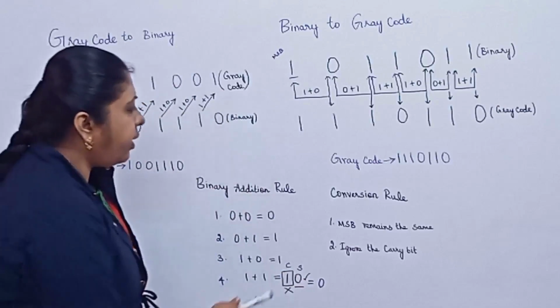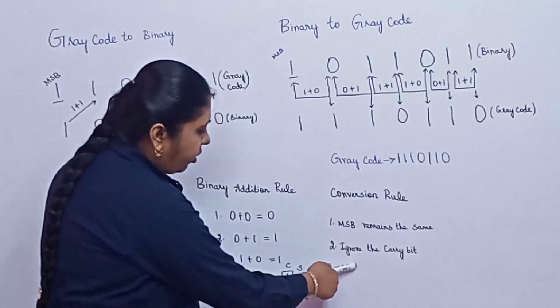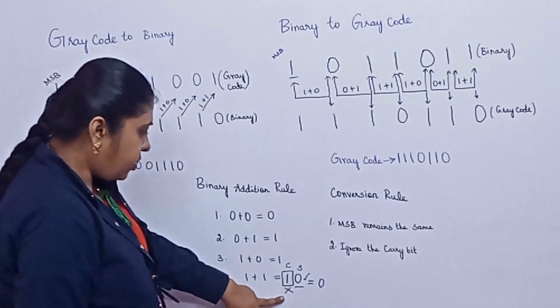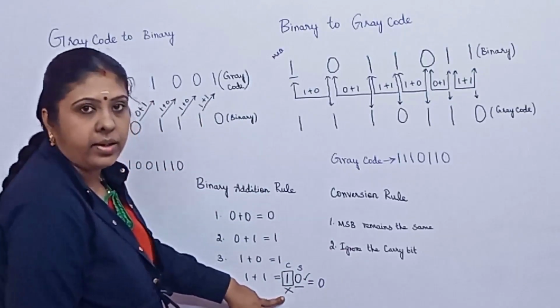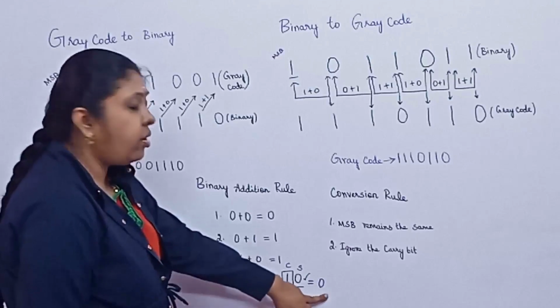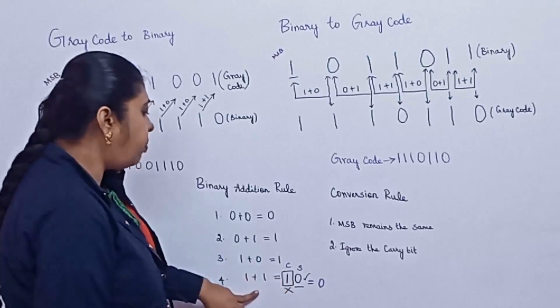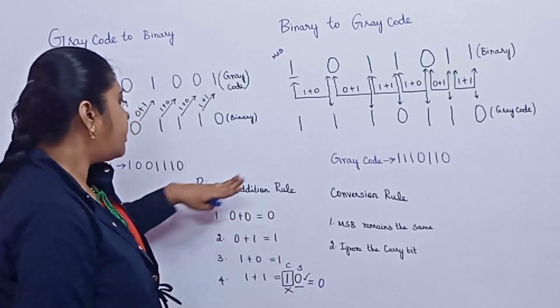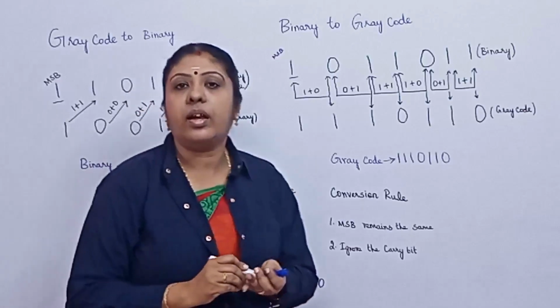As per the conversion rule, we want to ignore the carry bit. So when 1 plus 1 occurs, this carry bit has to be discarded and only this 0 has to be considered. So for 1 plus 1, the value is 0. Okay, this is the basic addition rule and the conversion rule.